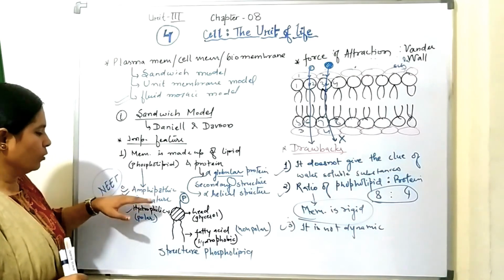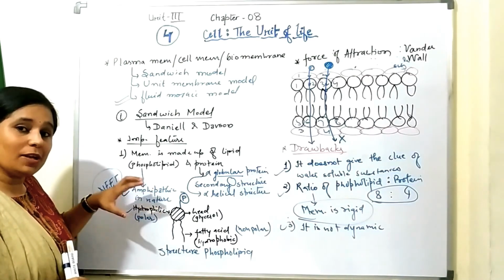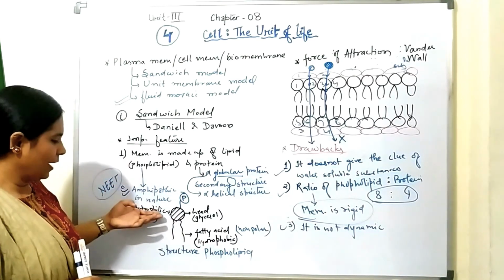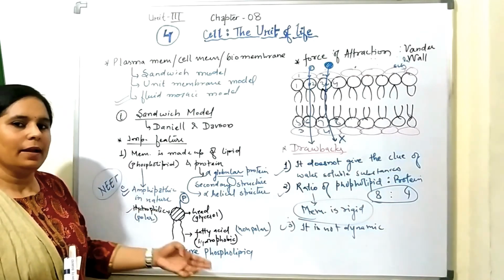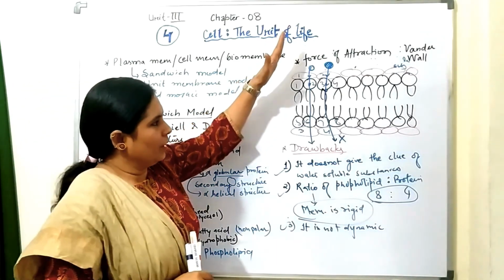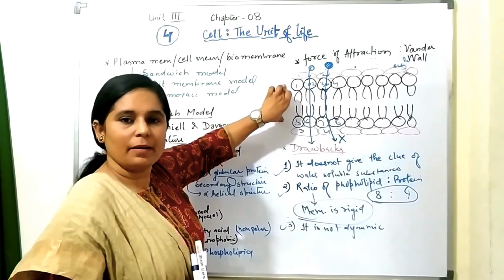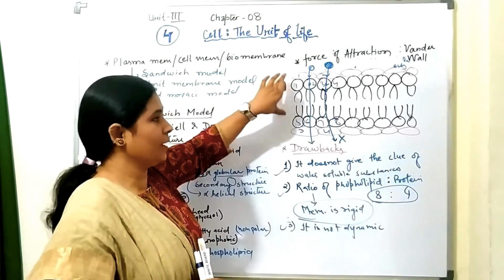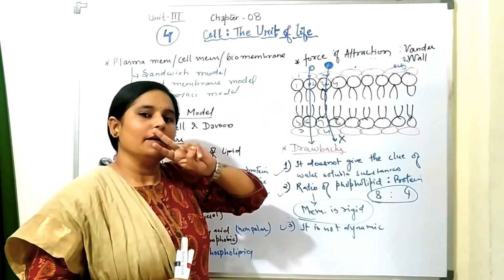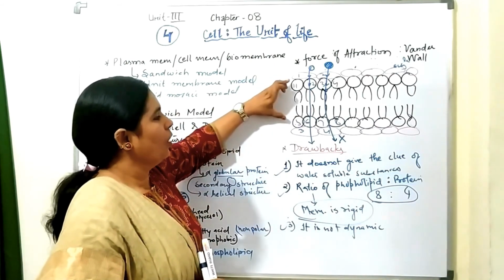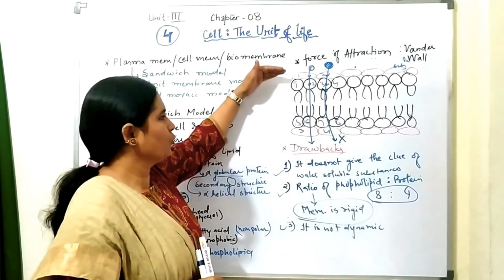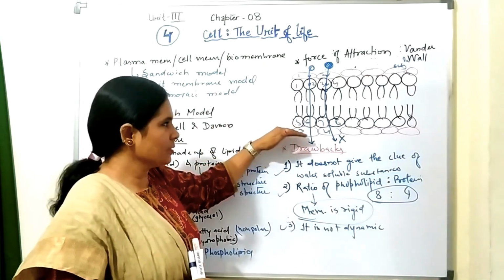The phospholipid molecule is amphipathic in nature, as the molecule has both hydrophilic as well as hydrophobic ends. Here the lipid layer of phospholipid is in a bilayer, and on both sides of the lipid bilayer you will find proteins present.